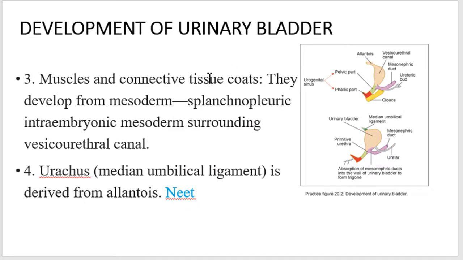The muscles and connective tissue derive from the mesoderm, from the splanchnopubic intraembryonic mesoderm.